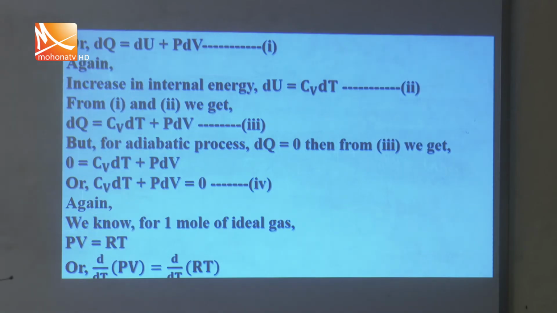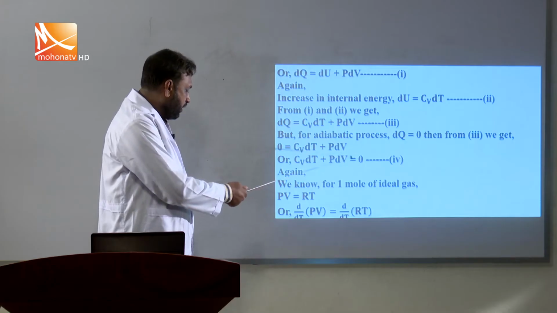This is equation number 3. But for an adiabatic process, the supplied energy dQ equals 0, so from equation number 3 we get 0 equals Cv dT plus PdV, or Cv dT plus PdV equals 0.